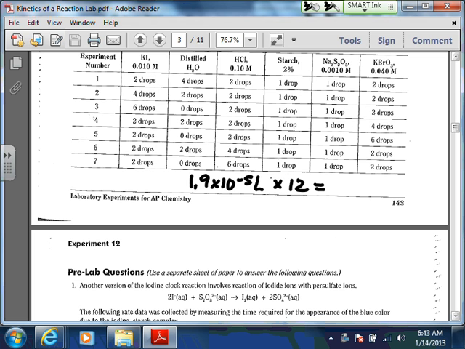Okay, so then you take that number of moles of the BrO3 minus that you found, and you divide it by the total volume of the solution, and that'll give you the concentration of the BrO3 minus.